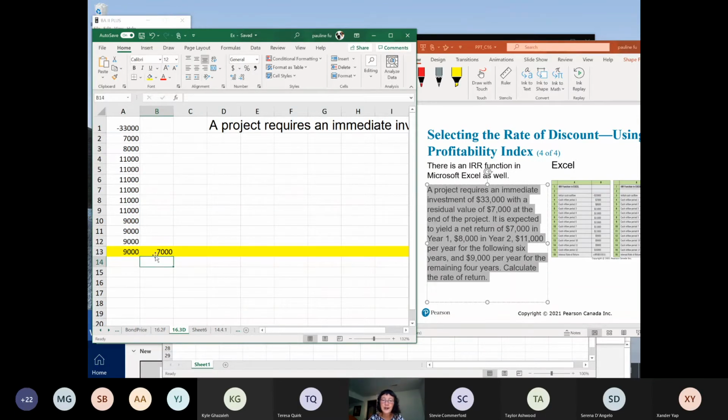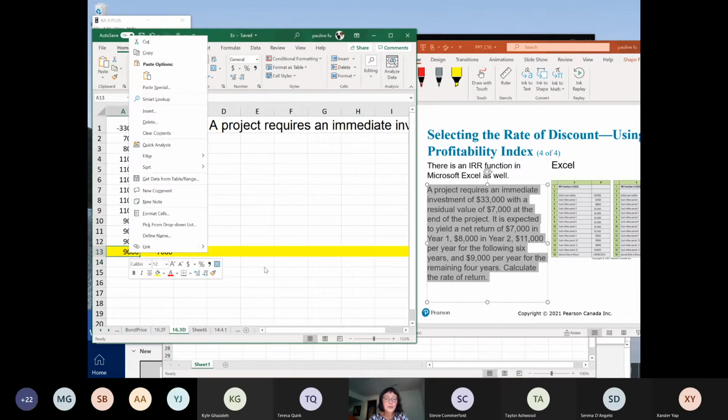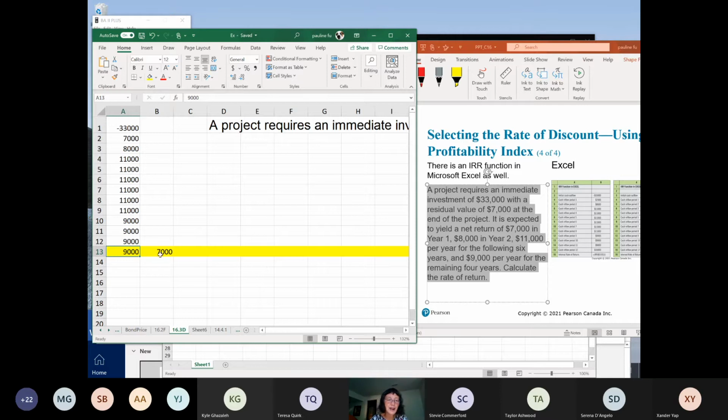Okay, in the last year, you also have 7,000 residue. So the last year benefit should be 9,000 plus 7,000. That is the last situation.